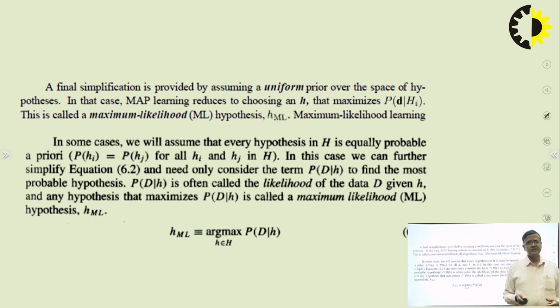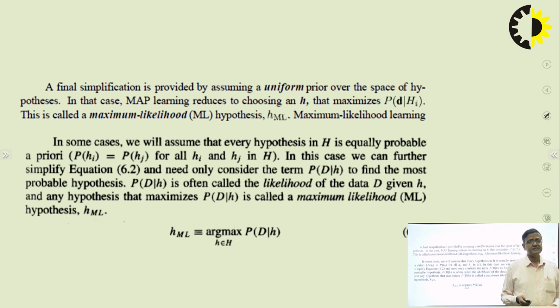If we assume that prior to be a uniform prior, that is, every hypothesis in H is equally probable, then we can further reduce the best possible hypothesis. The hypothesis that comes out of this process is known as HML, and the argmax term gets reduced to only the probability of observed data given the hypothesis.